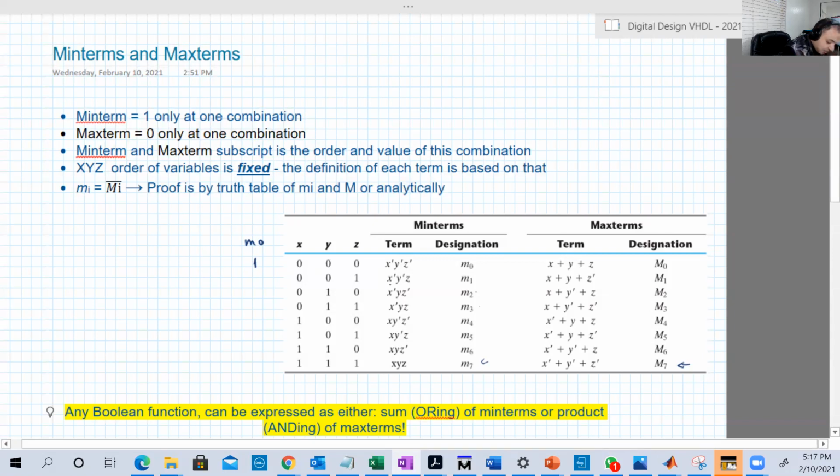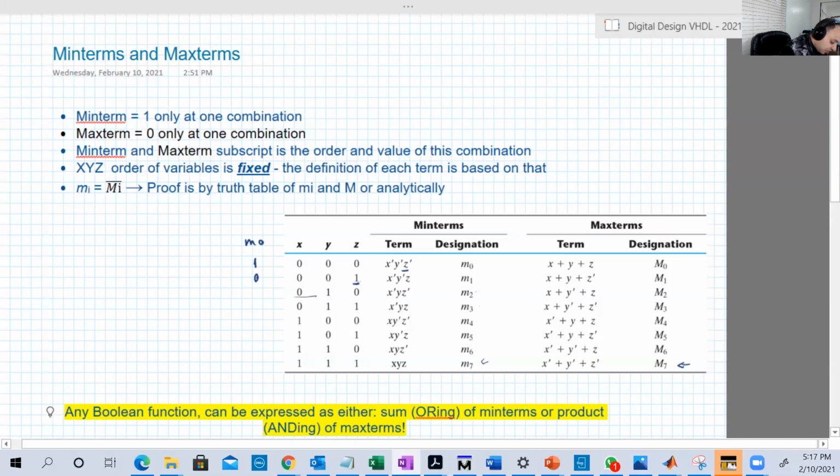So let's do that. With x 0, x prime is 1. Y is 0, so y prime will also be 1. So far so good. But then z is 1 now, so z prime will be 0. This will make everything 0.